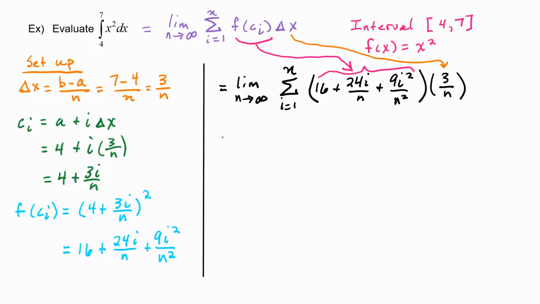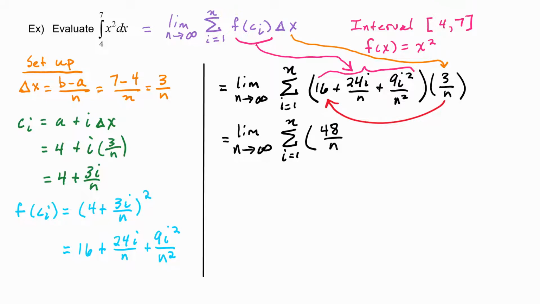Now this becomes the limit as n goes to infinity, summation i equals 1 to n. We can distribute this 3 over n to all three pieces of this f of c sub i expression. So 3 over n times 16 gives us 48 over n.